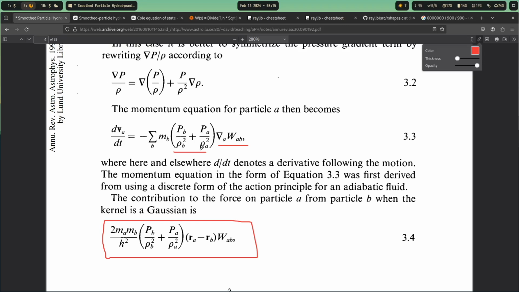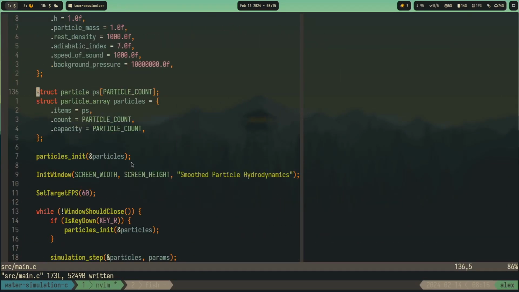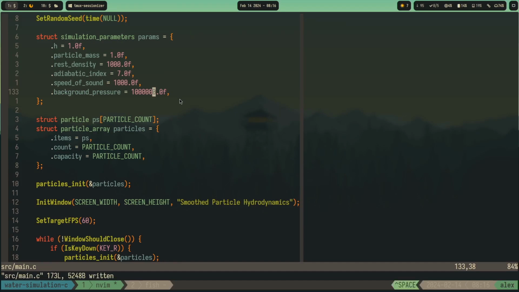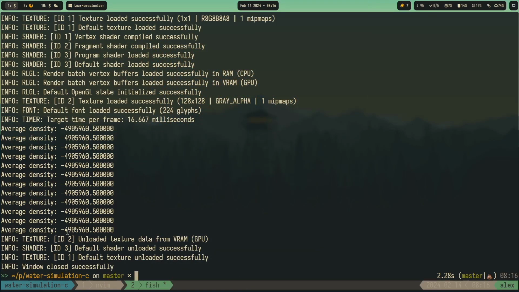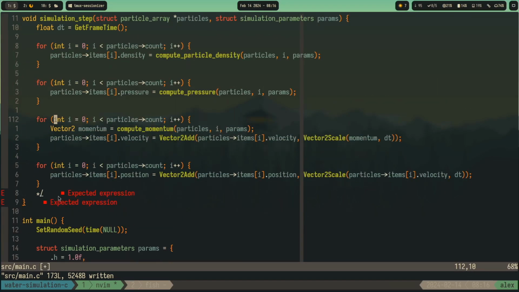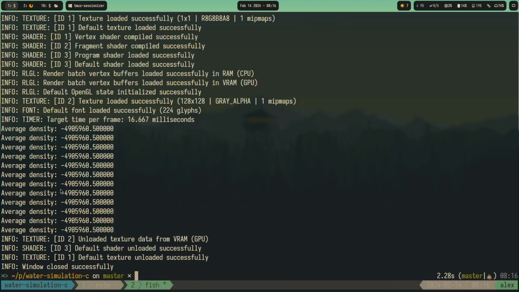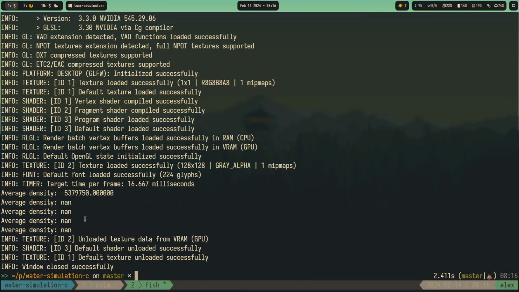Maybe the pressure is just too big. Or something. I mean, if I remove another 0, it's gonna be negative, I think. And it's still huge, but it's negative. And I think this is gonna break it. Yeah, it's like instantly breaking it.